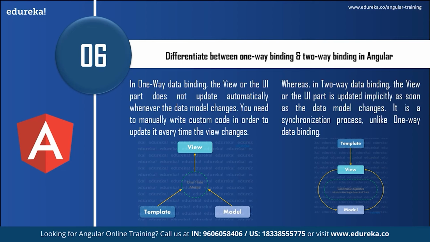Whereas in two-way data binding, the view or the user interface is updated implicitly as soon as the data model changes. It is a synchronization process, unlike one-way data binding. Now, describing with a diagram impresses the interviewer even better.